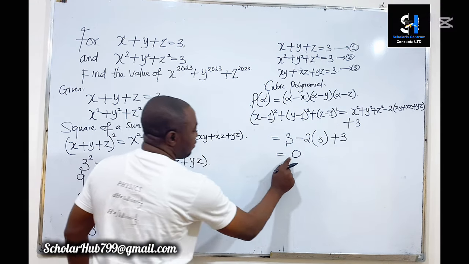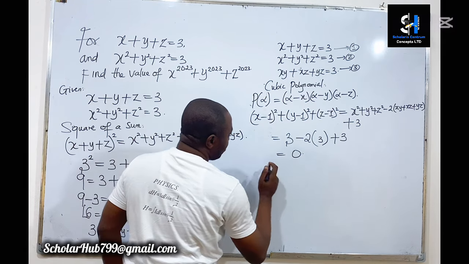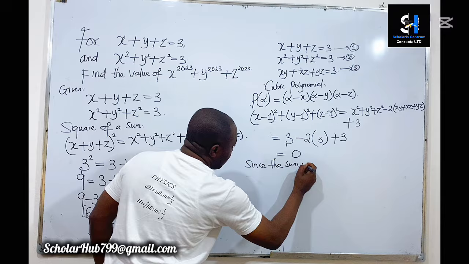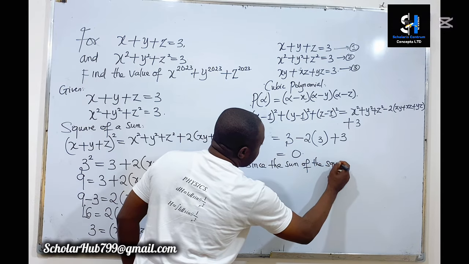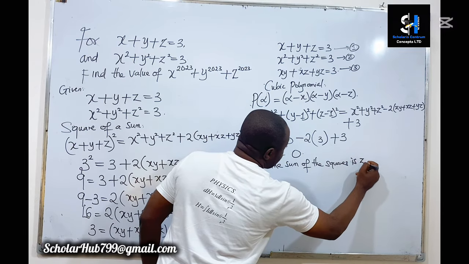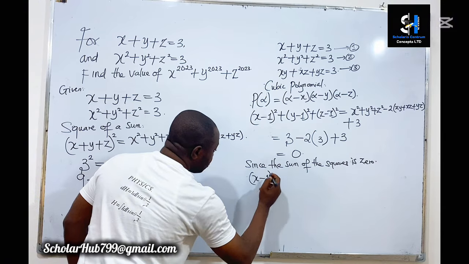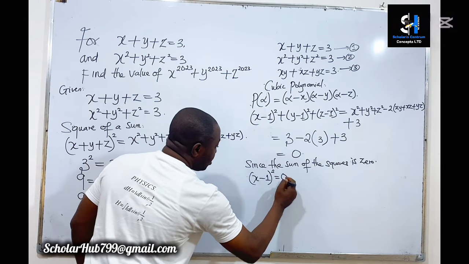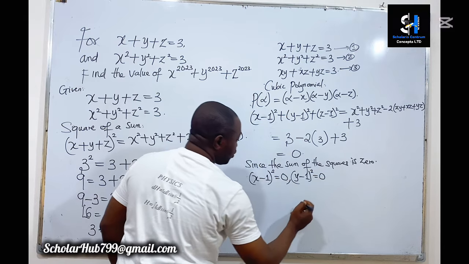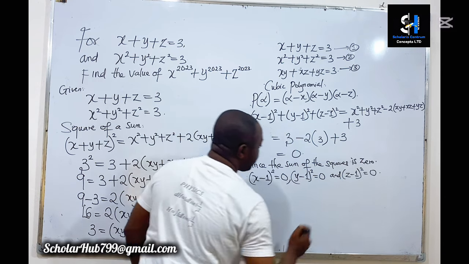So if the sum of the squares equals 0, it means that x minus 1 squared equals 0, y minus 1 squared also equals 0, and z minus 1 squared also equals 0.